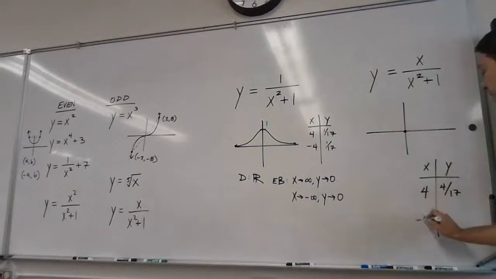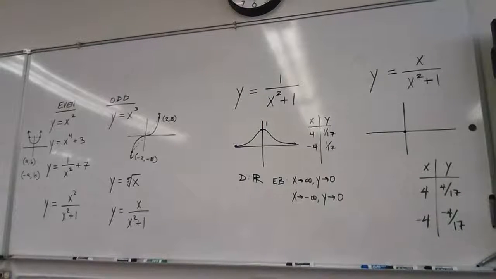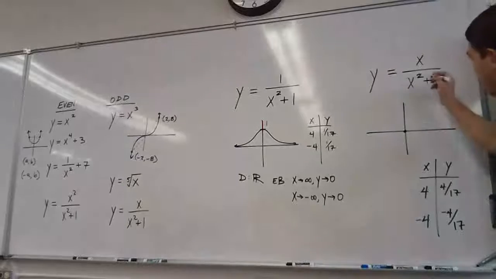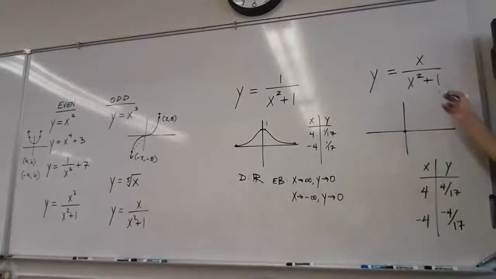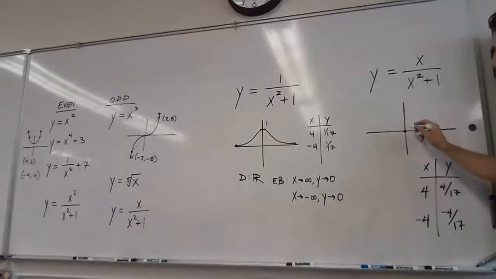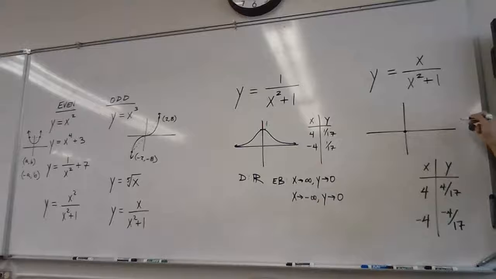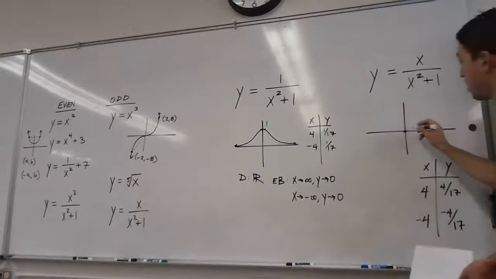But if I plug in -4, this time I get -4/17. So the symmetry here is now odd symmetry. And this part of the graph, I found it kind of interesting. Could it be all squiggly up there? Sure, not really sure.